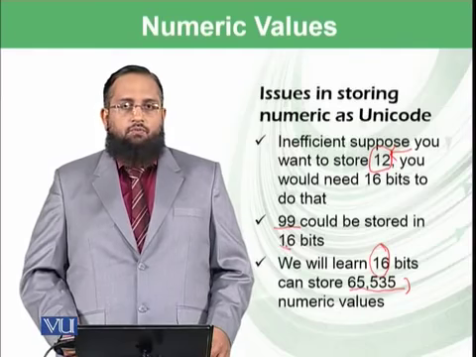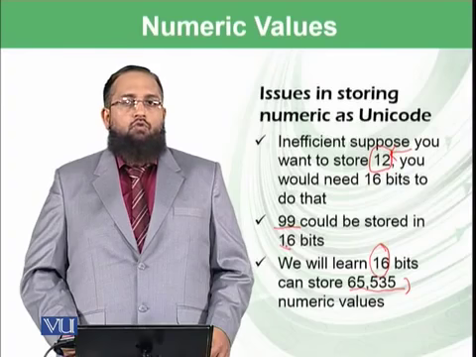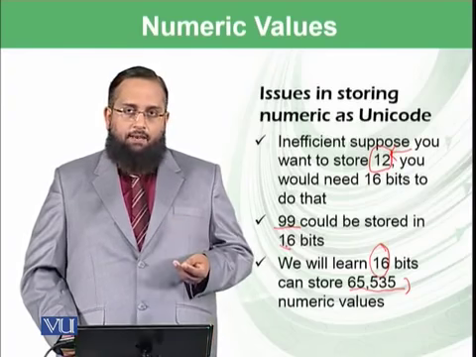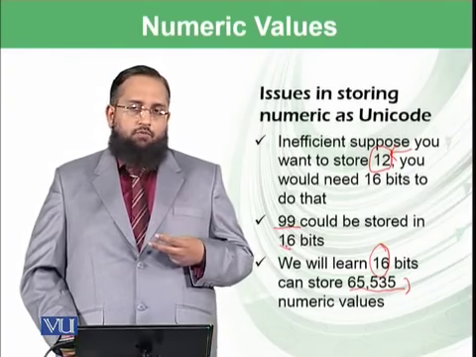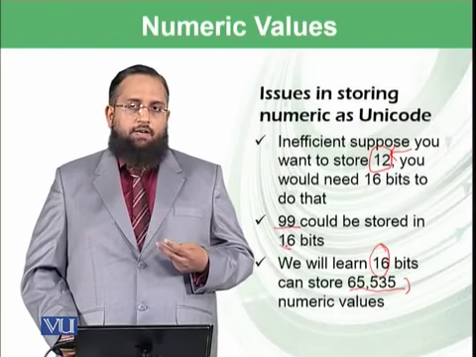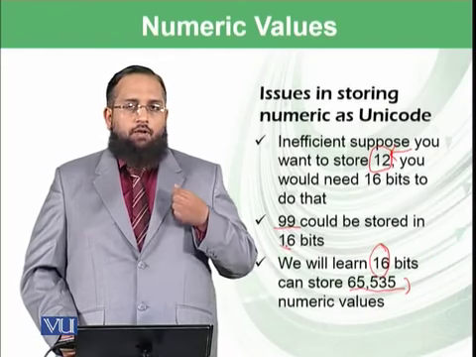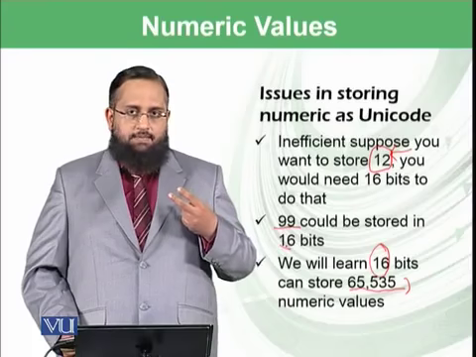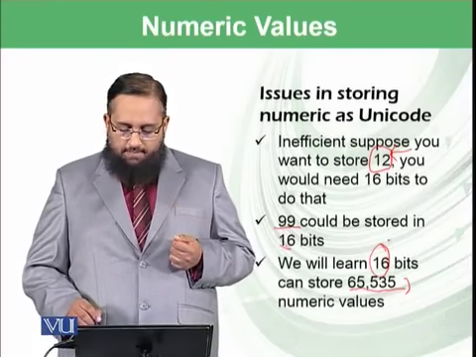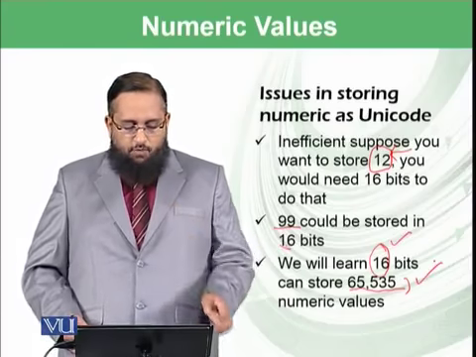That's it. The maximum number which can be represented in 2 digits is 99, and those 99 could be stored in the computer in the form of 16 bits. However, we will learn that with 16 bits we can store such a huge number. Let's see.